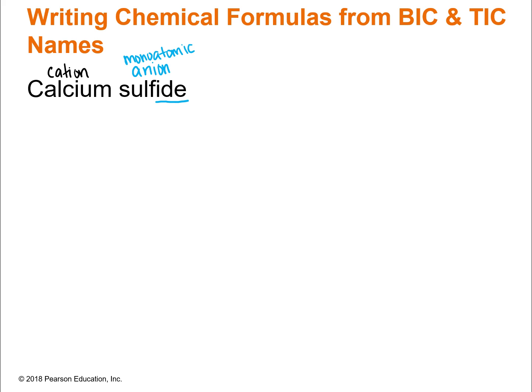This helps us because now we can put some symbols to this. If we were to break this apart, we would have the calcium ion and the sulfide ion. Let me try to keep my color scheme here.